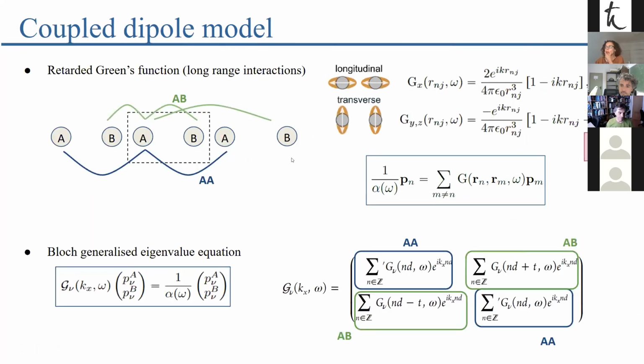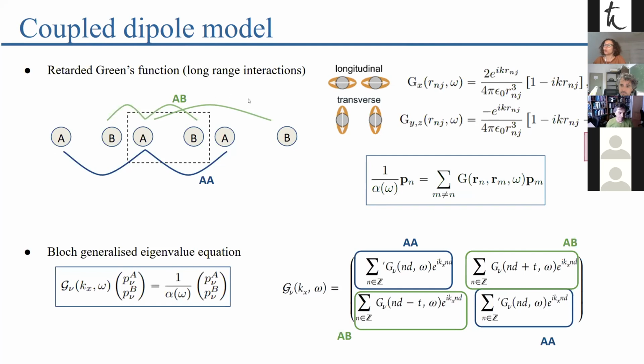And then the next thing we have to do is to allow the dipoles to interact, to model the interaction between the dipoles. For this, we use the coupled dipole model, which is also employed in many different situations when one has this type of problem of interacting dipoles. The key point is that we use the retarded Green's function to model the interaction between the dipoles. So this includes all the long-range interactions between all the dipoles in a lattice.